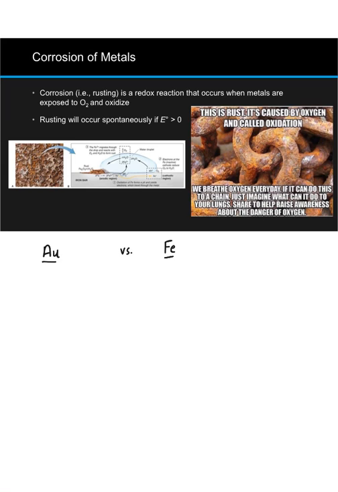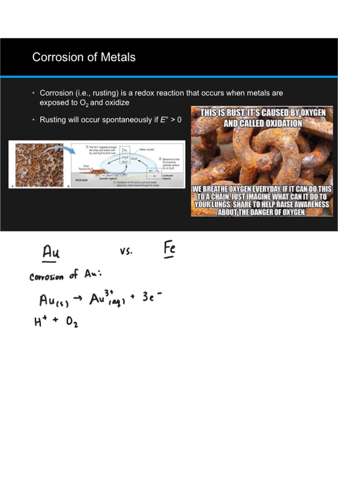If gold were to corrode, if gold were to rust, corrosion of gold would have a reaction that looks like this. The corrosion of gold would have an oxidation half reaction represented by the oxidation of gold to something like gold 3+. The reduction half reaction for this corrosion might look something like this.